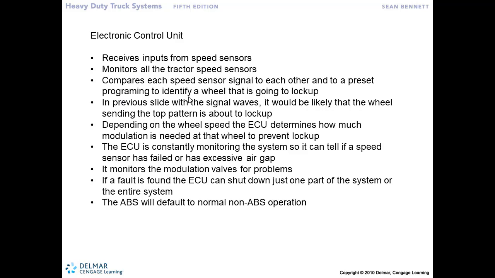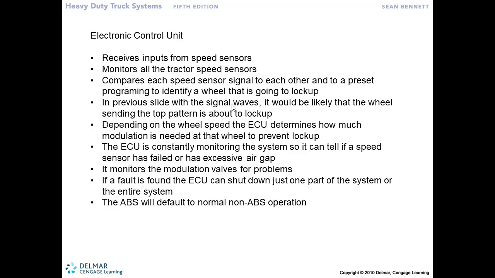It takes those individual sensor readings and, depending on the logic built into the ECM, decides if one of those tires is about to lock up or not, and what corrective action it's going to take.